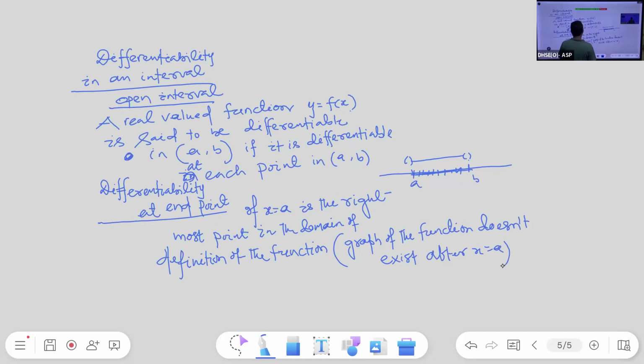If x is equal to a is the rightmost point in the domain of definition of the function, then the function is said to be differentiable. So guys, note it down quickly. I will use another page.